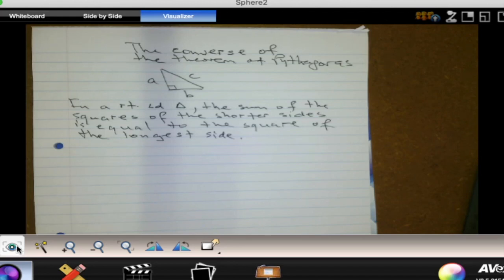So in a right-angled triangle, the sum of the squares of the shorter sides is equal to the square of the longest side. And now the converse of that theorem is something that is stated kind of in reverse.